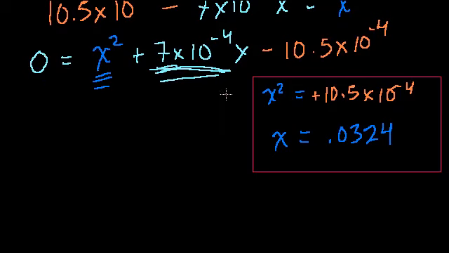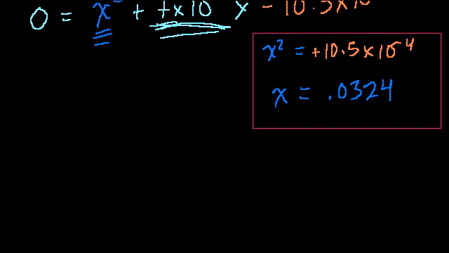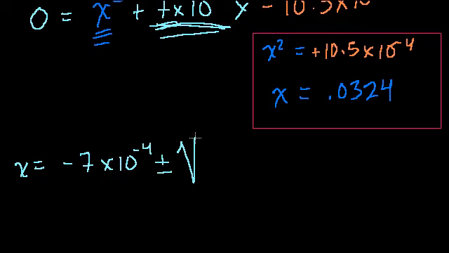Now let's solve it, just to confirm that we get the right answer, because that's actually the right way to get the right answer. So quadratic equation, minus b. So x is equal to minus b, so minus 7 times 10 to the minus 4, plus or minus the square root of b squared.